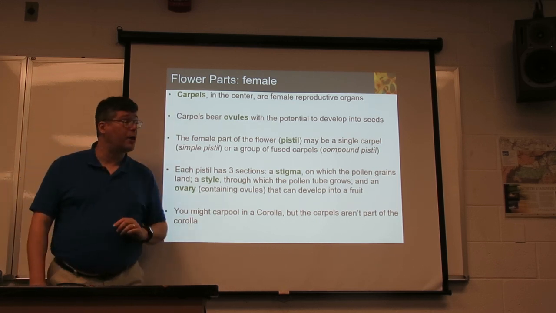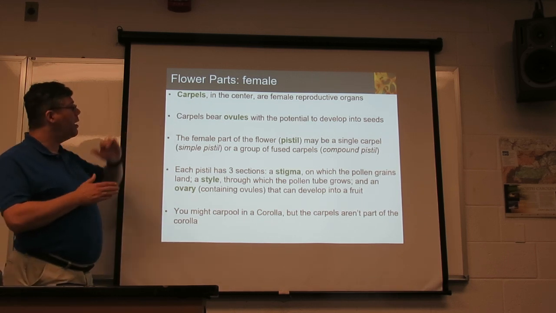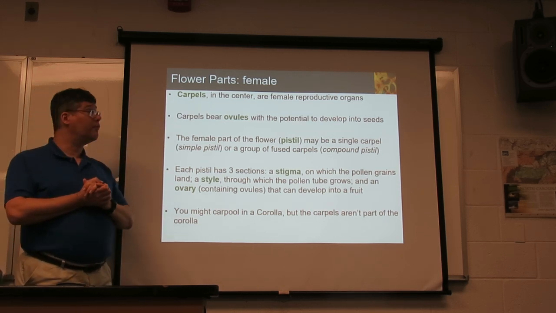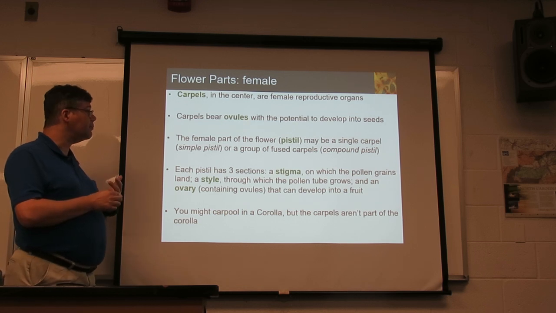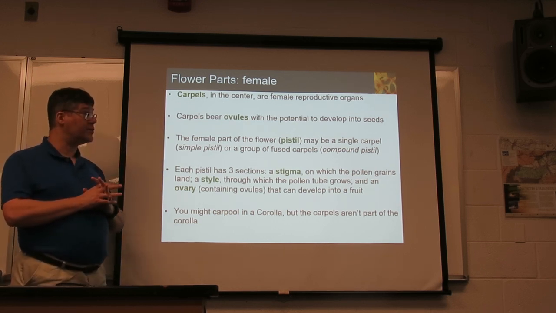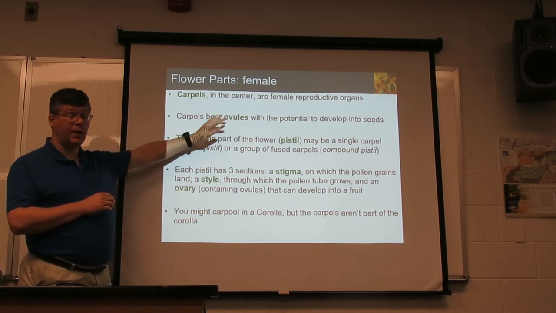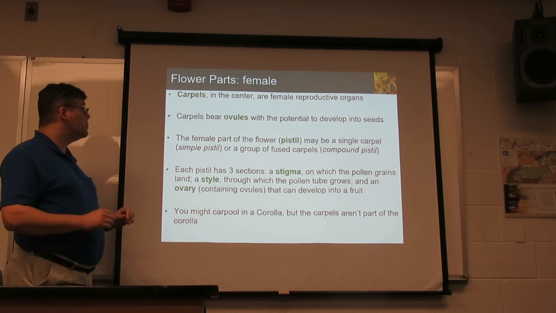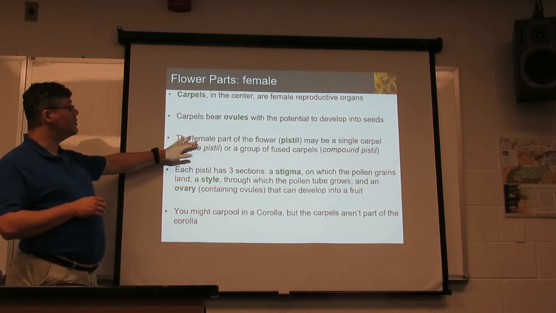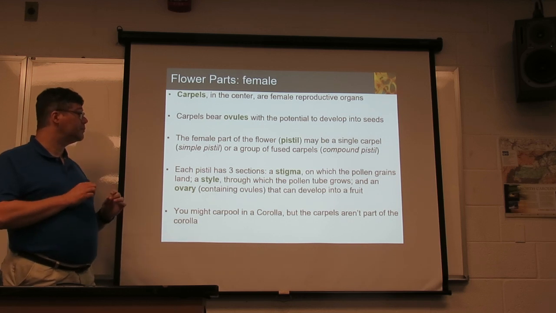The carpels, the middle part, you could say carpel in a corolla. Those are the female reproductive organs. And the carpels have the ovaries, which are the parts that hold the ovules, the parts that become the seed. So carpels together, maybe just one, and maybe multiple ones, make up the pistil.